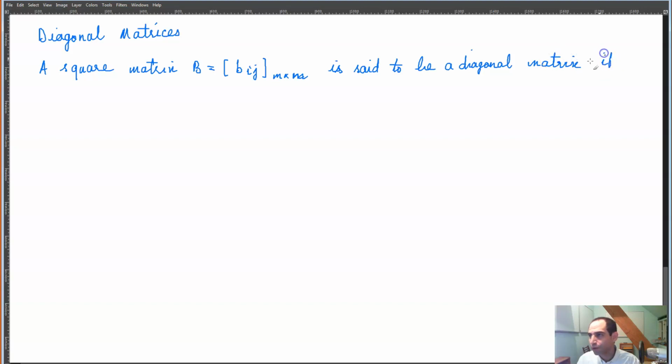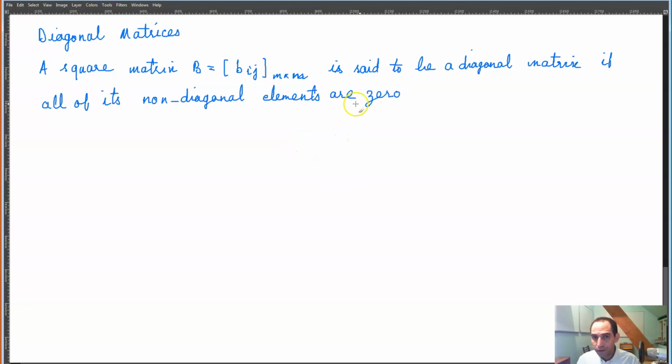if all of its non-diagonal elements are 0, right?